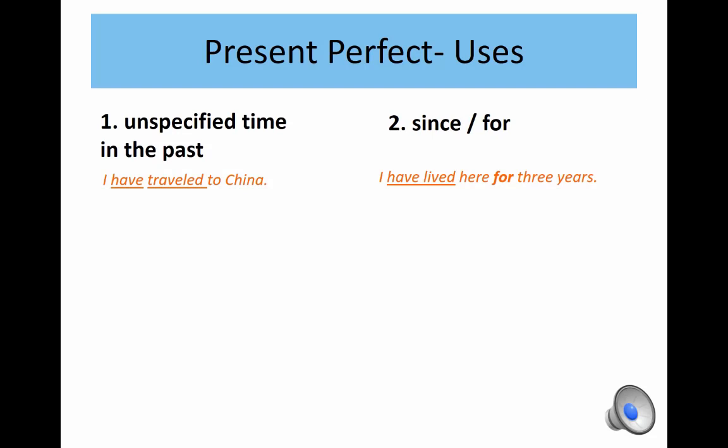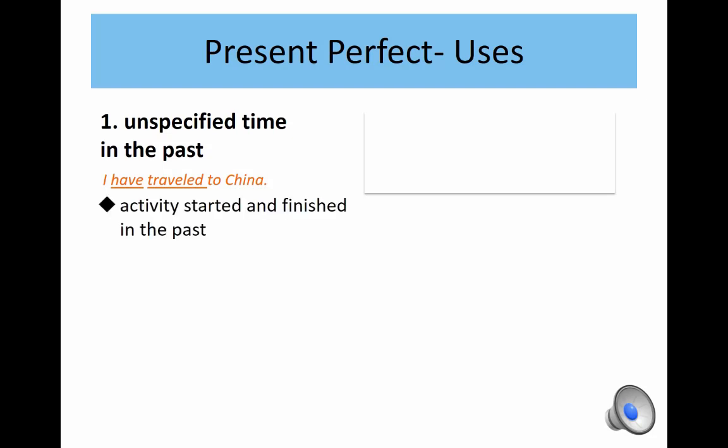Let's take a closer look at the first use. When we say unspecified time in the past, what we mean is that we're talking about an activity that started and finished in the past, but with no mention of a specific time.